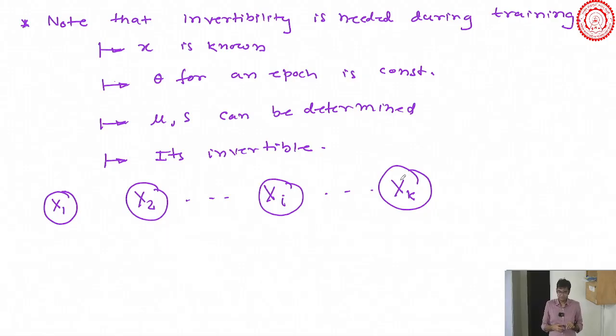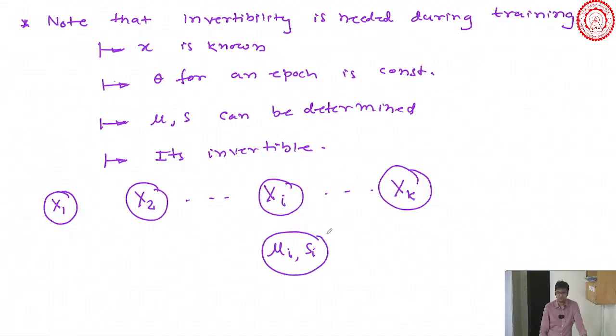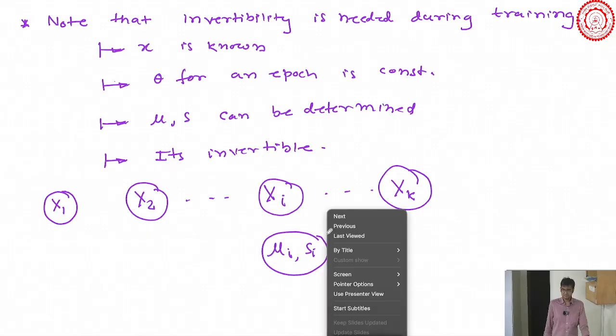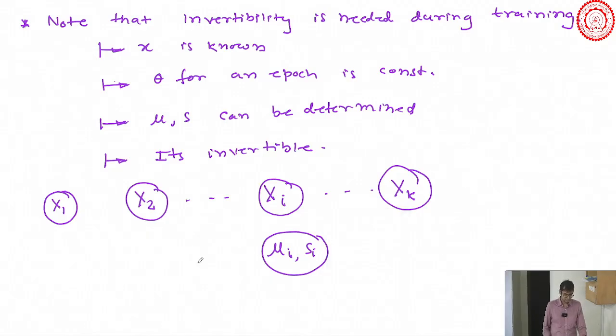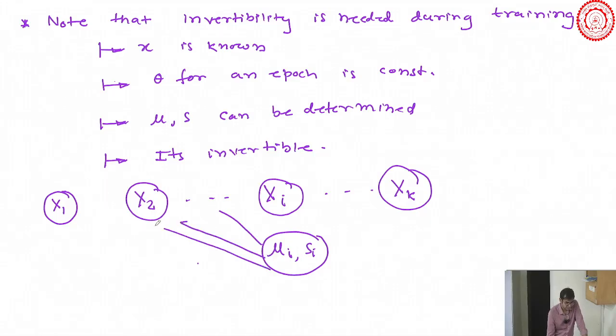So now, suppose I wrote i. I want to find out mu i and s i. Ideally I should draw two circles, but I'm drawing one because they will be found out together. Mu i and s i will be a function of what? x i minus 1, something like this.